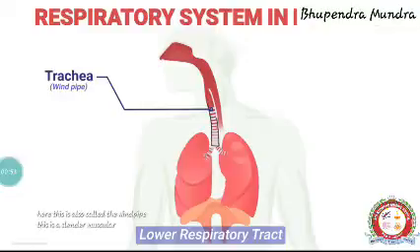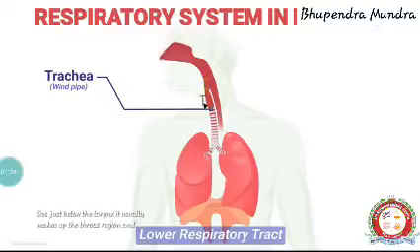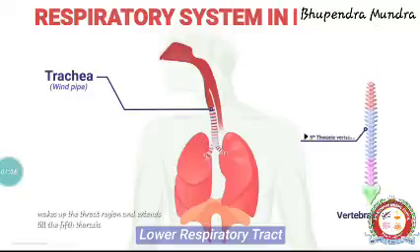This is a slender muscular pipe that lies just below the larynx. It usually makes up the throat region and extends till the fifth thoracic vertebra.